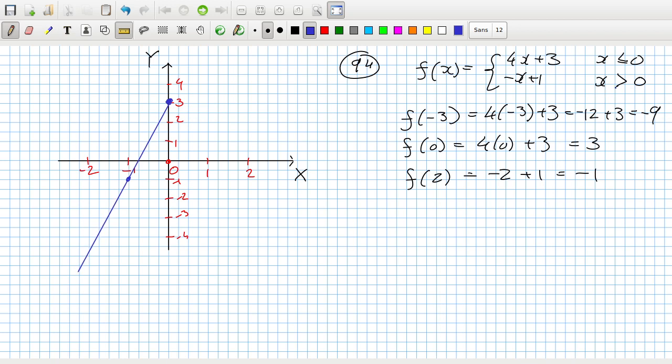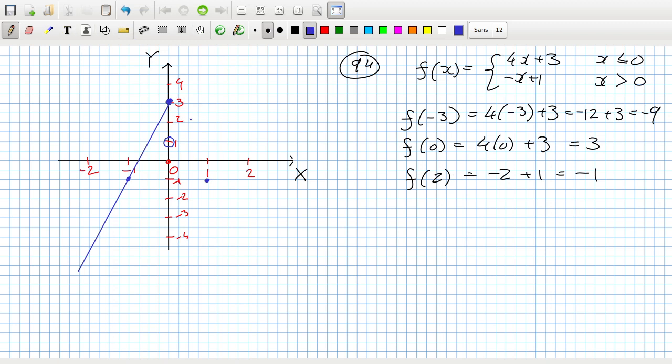Then, when we have positive, it's open here. You don't actually get the 1. And then when it's 2, we get minus 1.